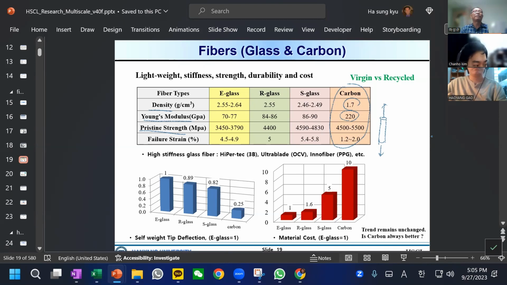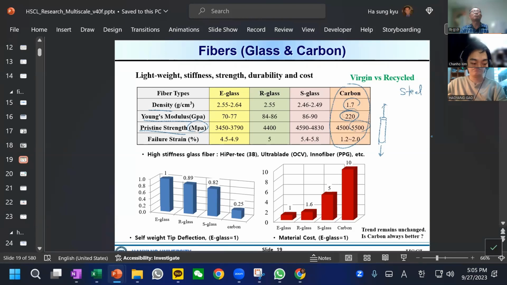It is 4,500 megapascal. Okay, this is a megapascal, and this is sometimes 5,500. I hope you memorized this number, 220 gigapascal, compared to steel.